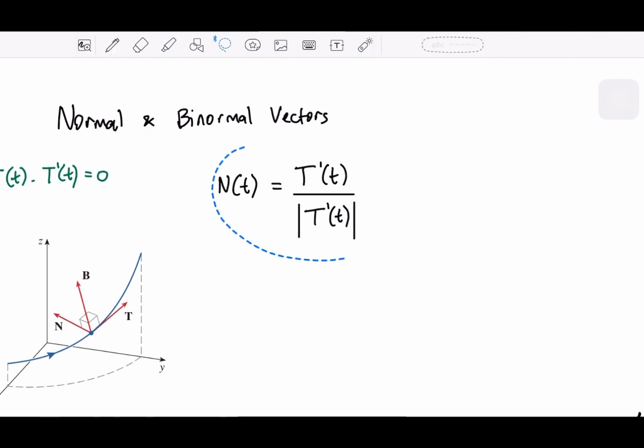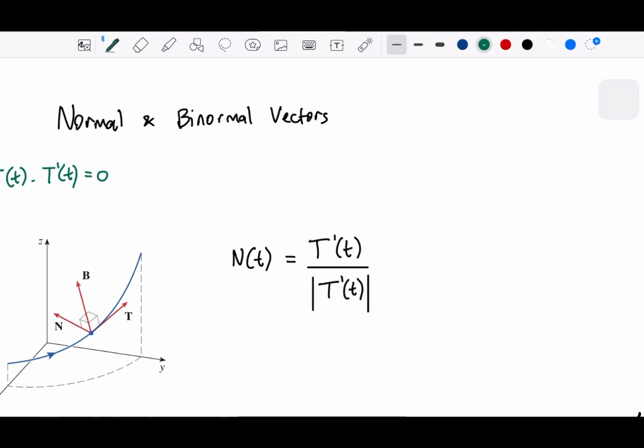As a note, let me add some here. Then we can get the unit tangent vector from the vector position itself: we derive and then divide by its magnitude.